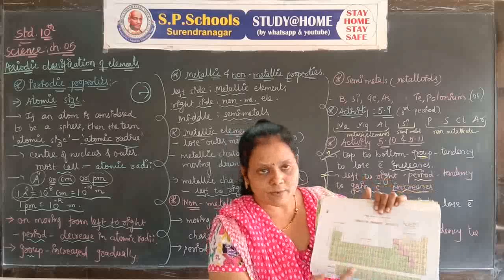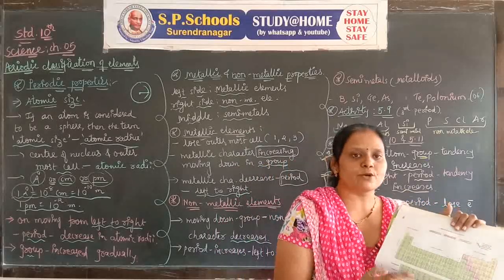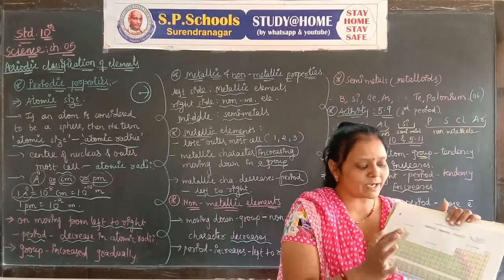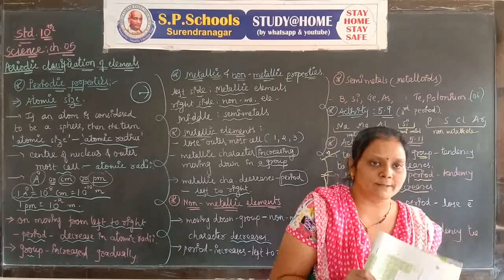Cobalt has atomic number 27, nickel has atomic number 28, so both are arranged gradually.